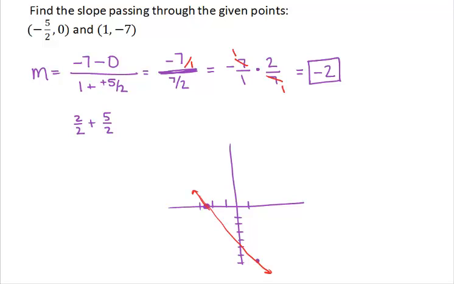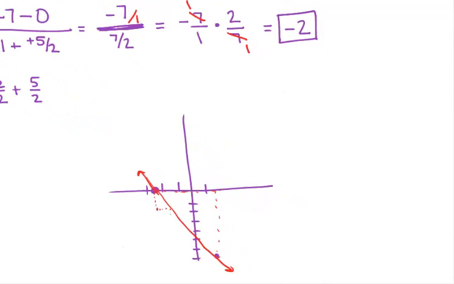Now I could do one big slope like I did in my last problem. But if I looked at this along the way, my slope of -2 means I would go down 2 units over 1 unit, and that would give me that. Down 2 units over 1, and if I keep doing this, that would leave me at the last place, or the point that I got down there. So my slope is down 2 units over 1 unit, and I keep doing that multiple times before I connect my 2 dots.